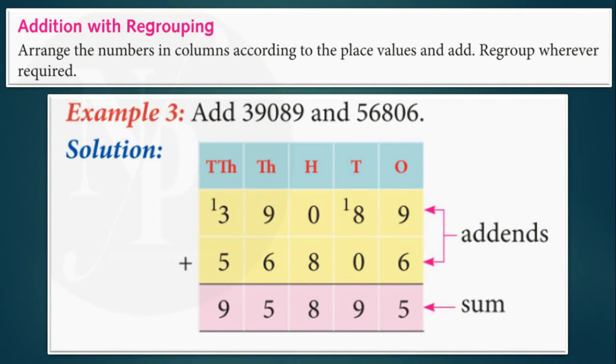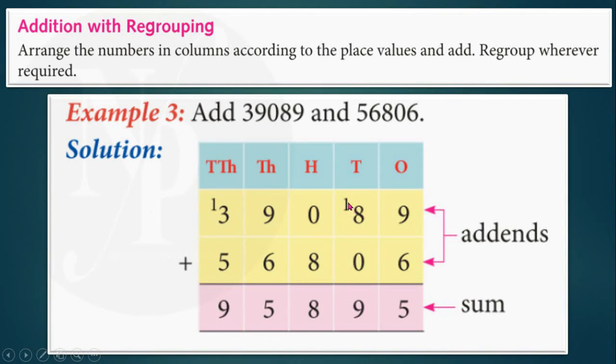As we know, 15 has 1 ten and 5 ones. So 1 ten is carried forward to the tens place. Understand it clearly. The 1 ten which is obtained from 15 is carried forward to the tens column and it should be included while adding the digits in tens place.